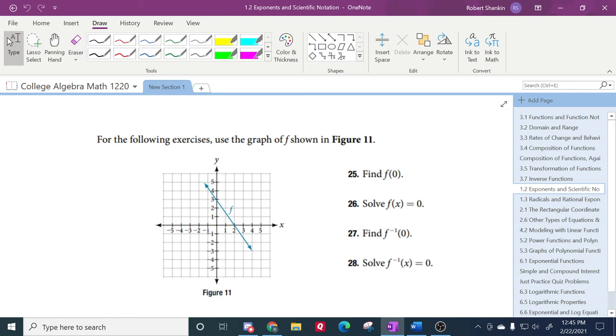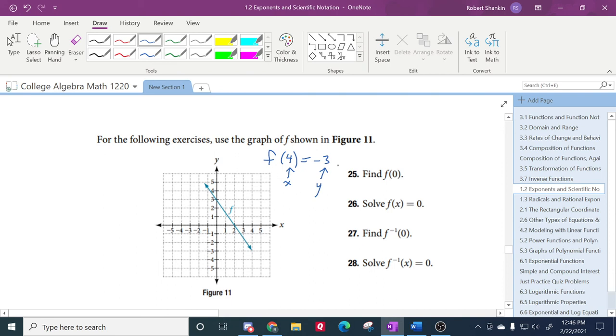Okay, now if we look at this, let's say the input is 4. The output is -3. This is an x value, or an input, and this is a y value, or an output.